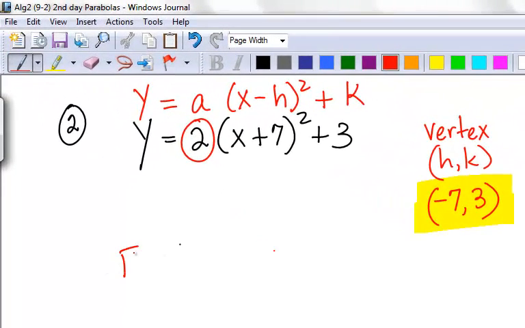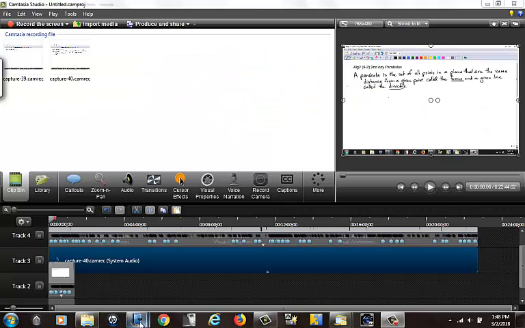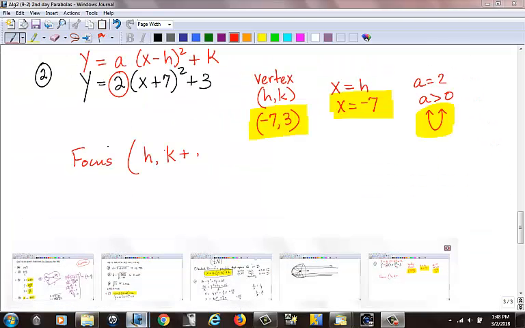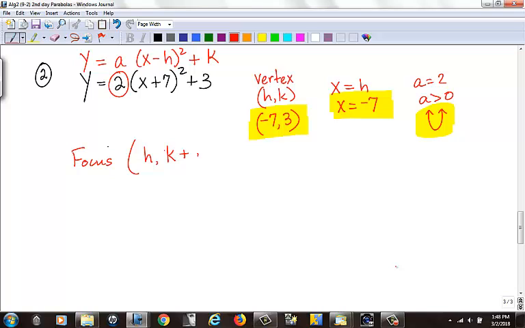The focus is h, and then k plus 1 over 4a.